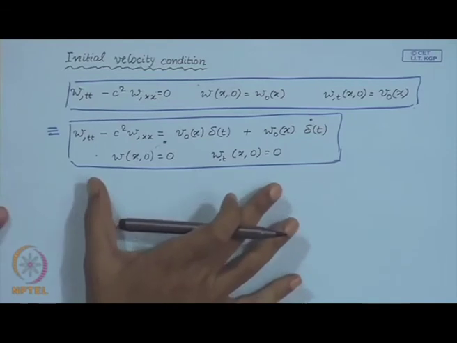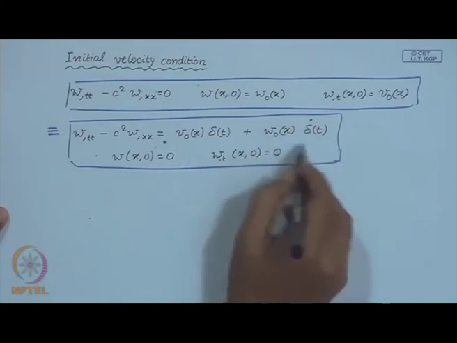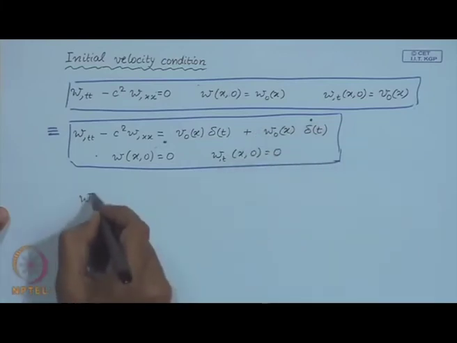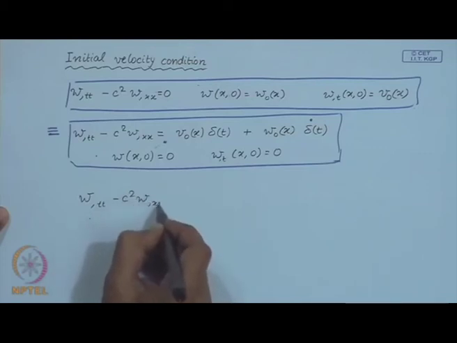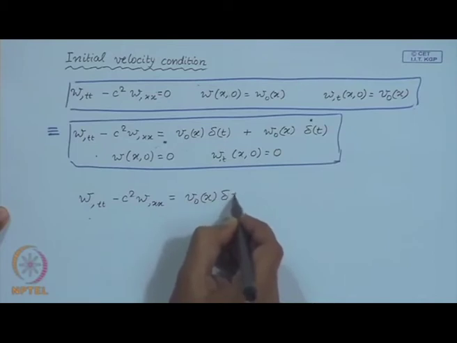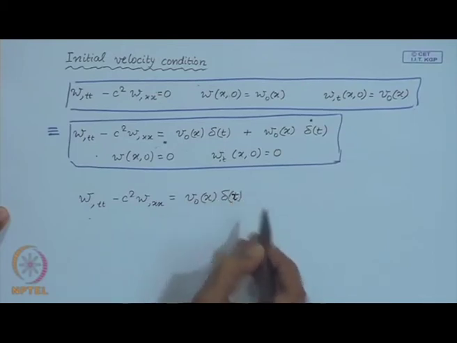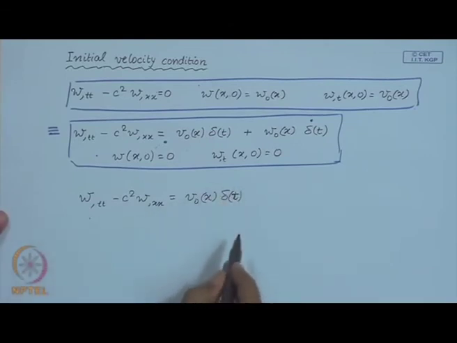Now, when we have only initial velocity condition, there is no initial displacement. So, our equation of motion is given by this.